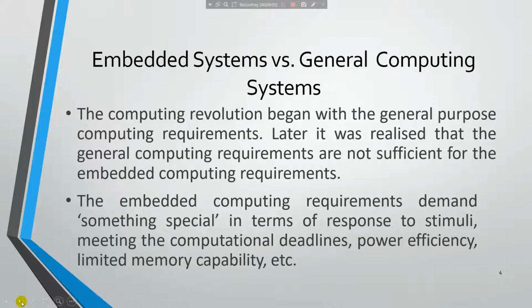Computing deadlines is something like, if I set a certain temperature for an AC, it has to respond in a few seconds. If it is not responding, then what is the use of using that hardware in that particular system? And it should be power efficient, and it should have less memory capacity. So these are the main things you need to remember while speaking about your embedded system and its applications versus your general computing system.